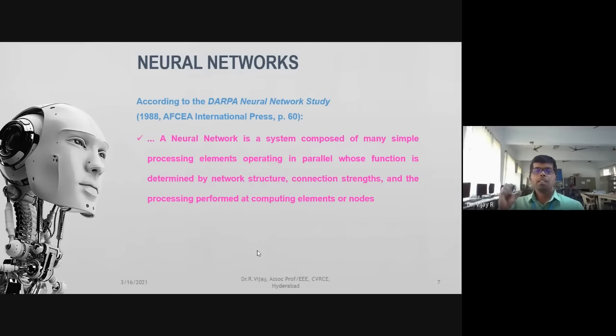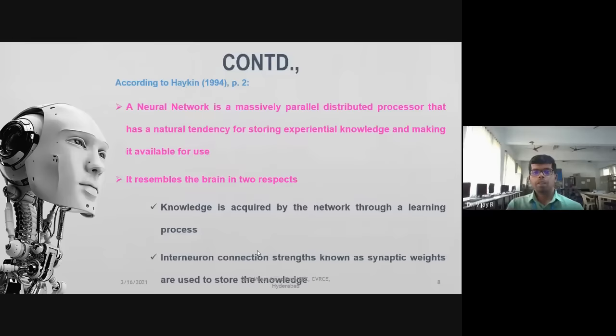So it is a simple processing system operating in parallel, and it is mimicking your human brain.